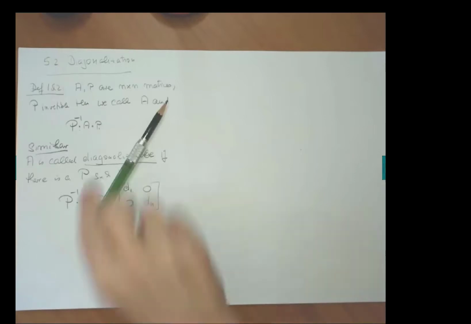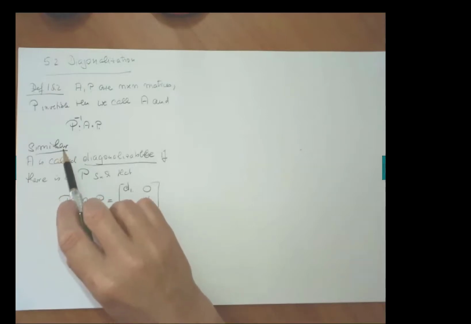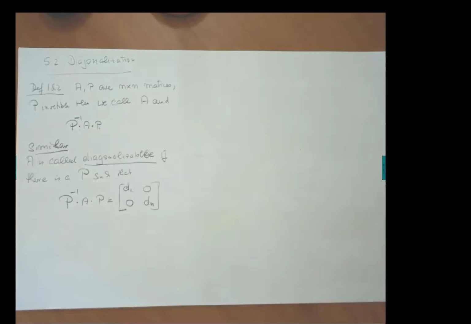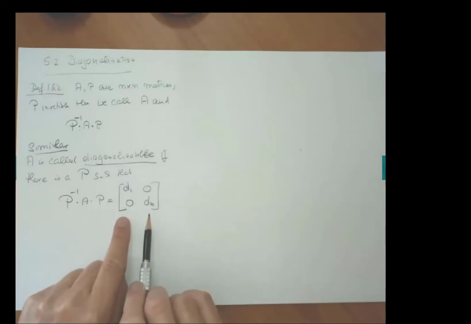So similar is actually even a weak term. What it says is this and this is the same operation, looked at in different coordinate systems. Okay, and now suddenly this also makes sense.